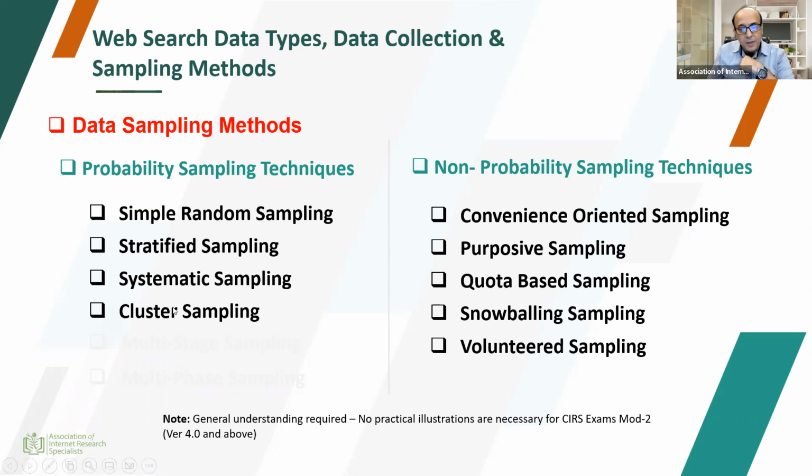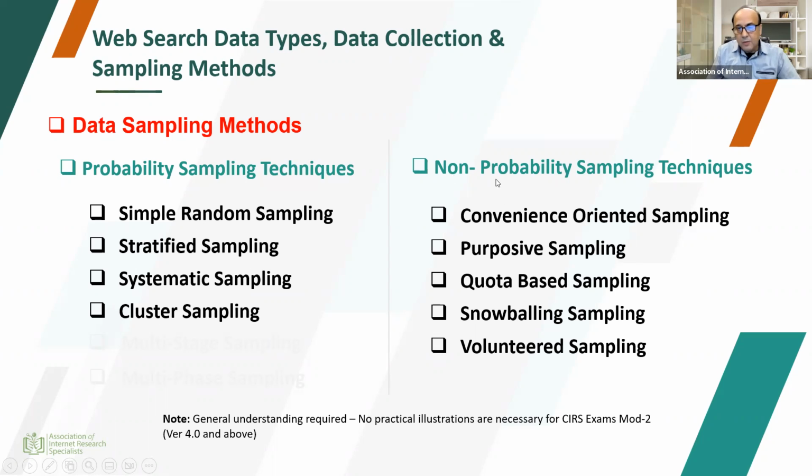Just because we are mentioning four of them doesn't mean we are not covering all the sampling techniques. We feel that four of these are enough to give you an idea of the standard or base level sampling techniques. Once you know these four, you would find that others are subsets or deeper layers of cluster, systematic, and stratified sampling. So we're not covering those.